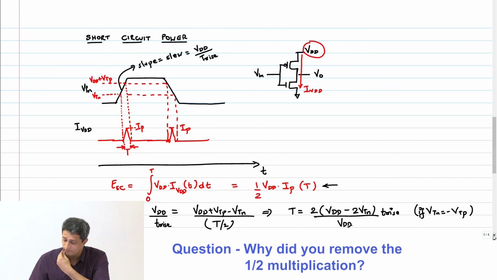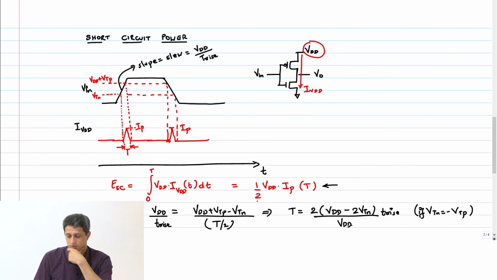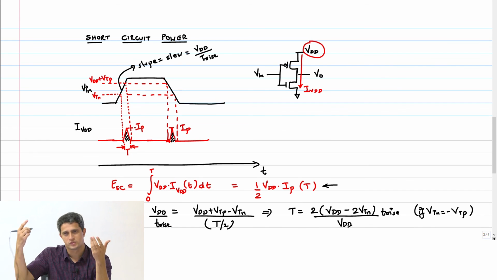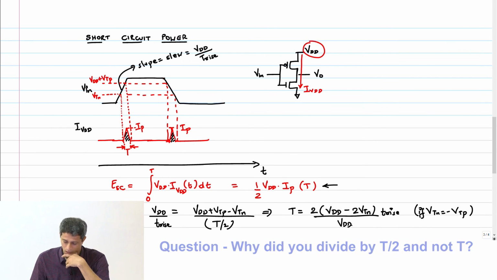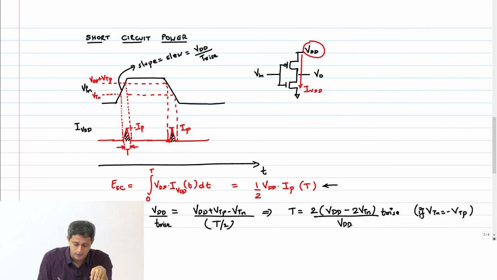No, I thought we removed the half because this is for rise and fall. See, this was basically the half base into height of here, right, in this region. What about this region? So when it rises and falls, the charge discharge cycle is what I am asking for. See, T is because what I am saying is it's going from 0 to IP in a time of T, right? So, oh yeah, you're right, sorry, you're right.